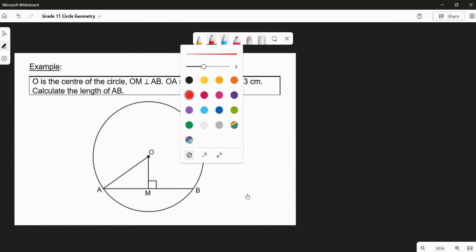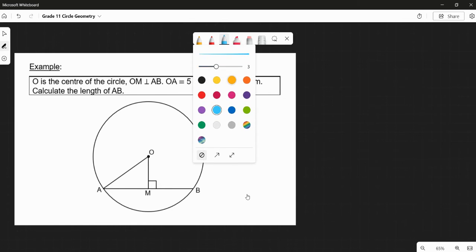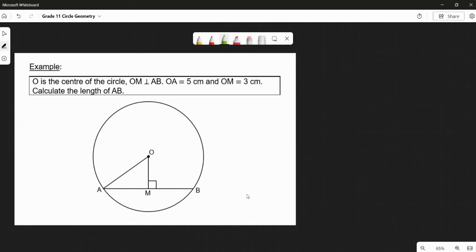Let's change the colors there, and this one back to green. So we are given OA is 5 centimeters. Again, it is important that we also understand the lines that we are given here. So what is OA? We must understand it's a line from the center to the circumference.